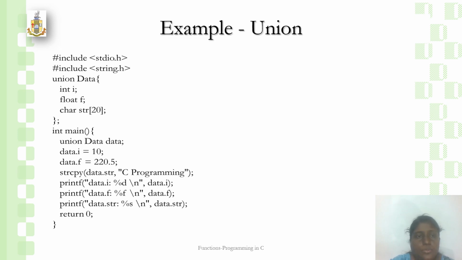There is an example for union. Here Data is your union type. It holds int i, float f, and char str[20], and the union variable is data. This data is the variable used for union declaration. data.i = 10 means this union variable data dot i is accessing this member in the union and it is holding the value 10.